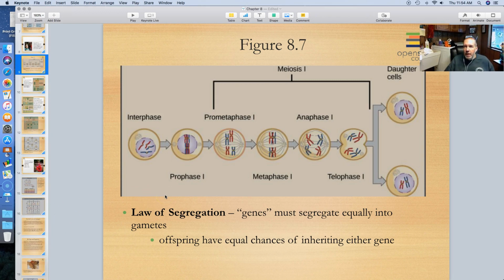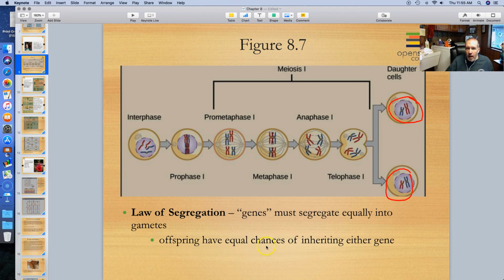So remember, what's really happening here when we breed these individuals and we get offspring is that, again, during that process of meiosis, in this case, remember, we're in meiosis 1 right now, the law of segregation states that the genes must segregate equally into the gametes. Remember, the daughter cells that are produced from the process of meiosis 1 are, again, identical genetic copies of each other.